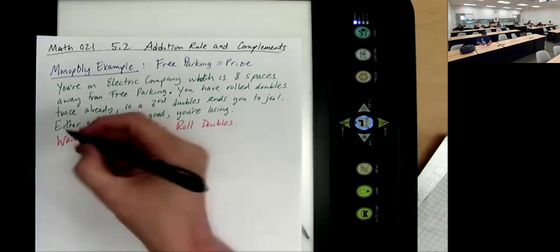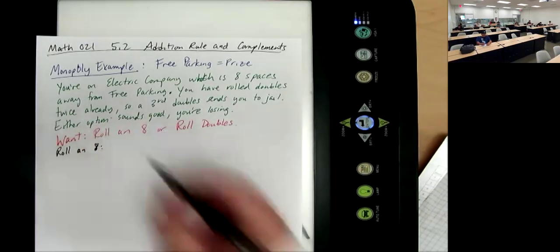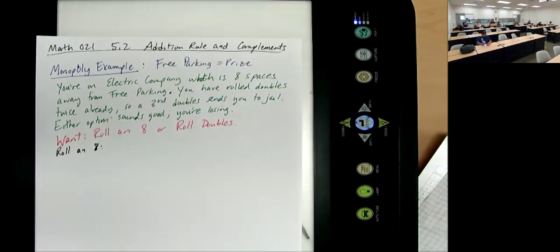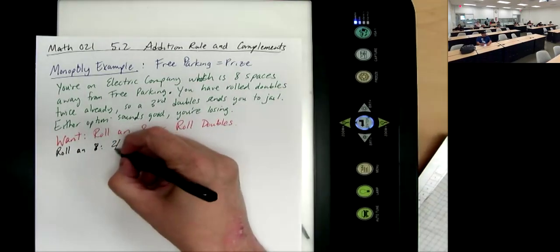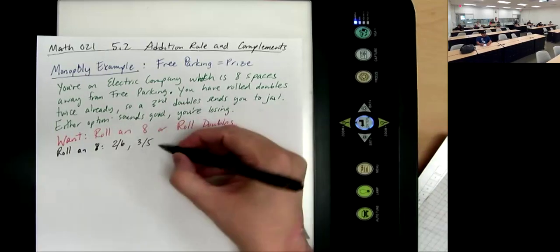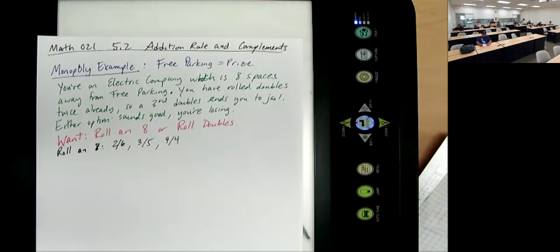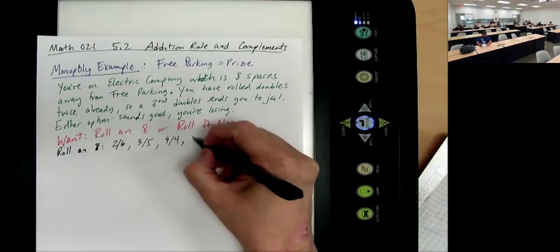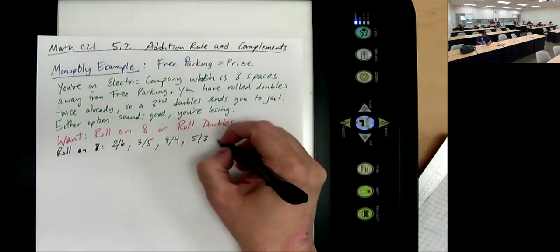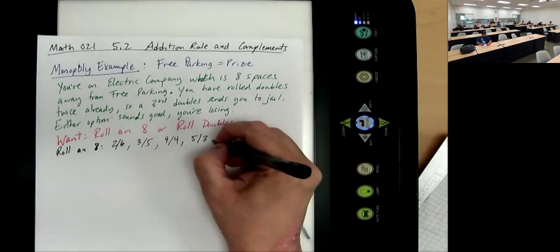All right, so let's look at the ways we can roll an 8. You could roll a 2 and a 6. You could roll a 3 and a 5. You could roll two 4s. You could roll a 5 and a 3, which is different than the 3 and 5. We did the dice thing last week, so that should be a little bit familiar to you.